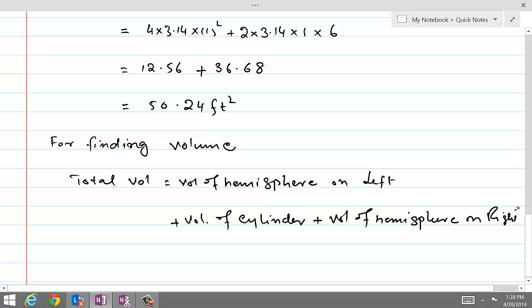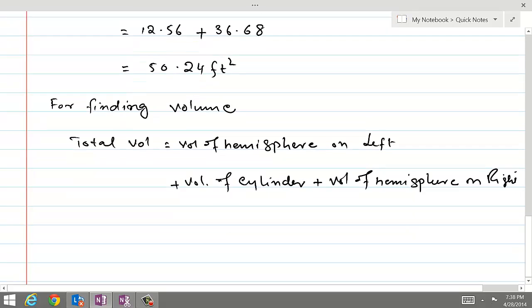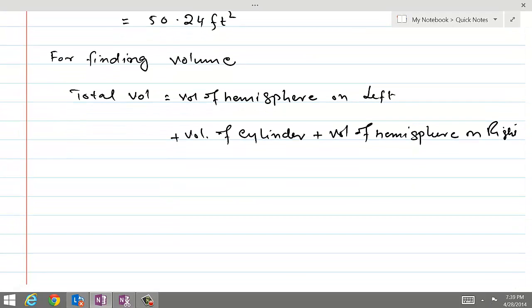And we can see that the hemisphere on the left and the hemisphere on the right will give us one full sphere.